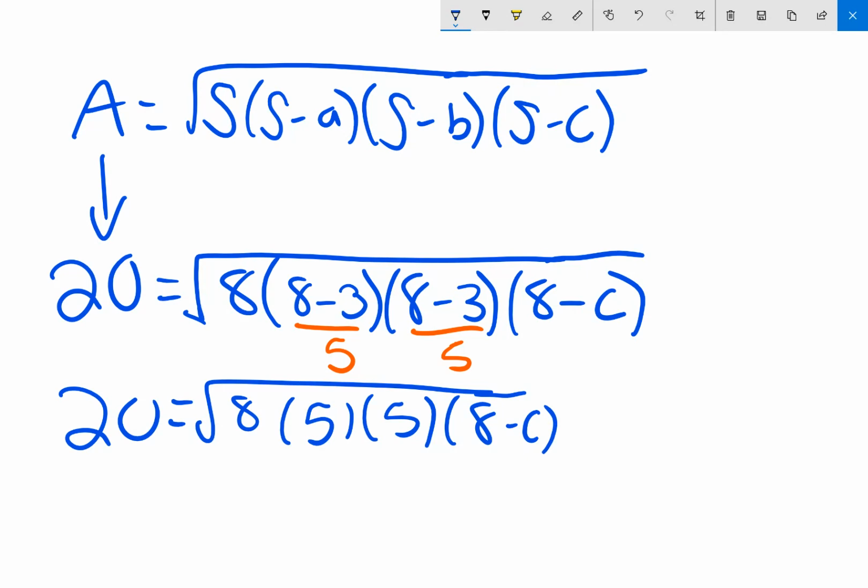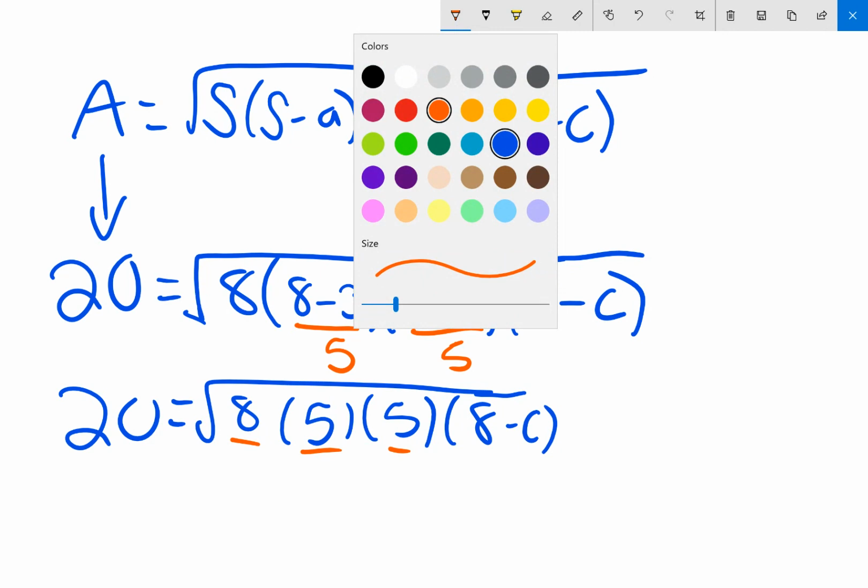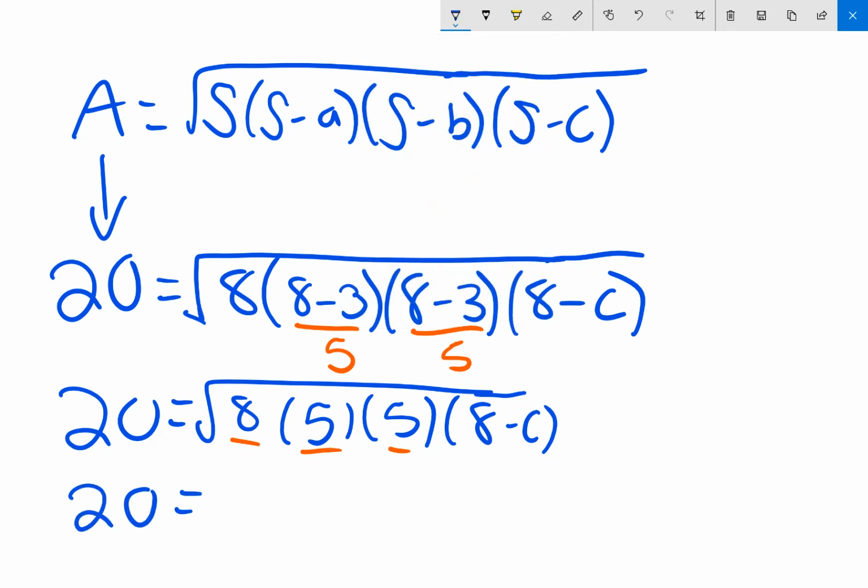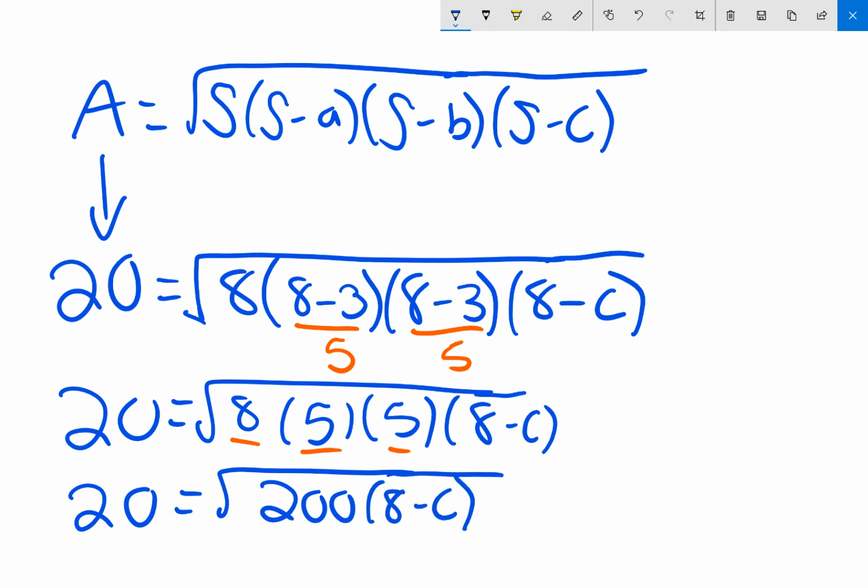So I'll figure that out in a second. Now I'm going to go ahead and multiply 8 times 5 times 5. That is, I believe, 200. So this is 20 equals the square root of 200, and don't forget that 8 minus C is still just lingering around right there.